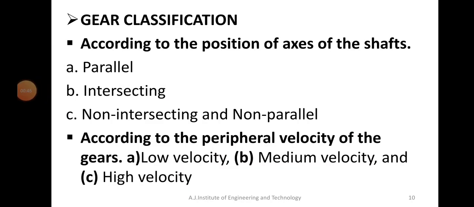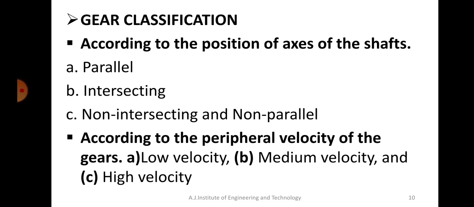Gear classifications. According to the position of the axis of the shafts, gears are classified into three types, that is parallel shafts, intersecting shafts, and non-intersecting and non-parallel gears.